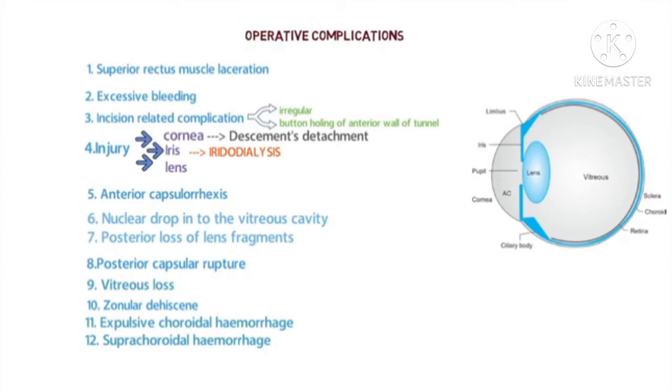Then there is the posterior capsule and there can be posterior capsular rupture. After that there is the vitreous and there may be vitreous loss, then zonular dehiscence, and after that there can be expulsive choroidal hemorrhage and at last suprachoroidal hemorrhage.